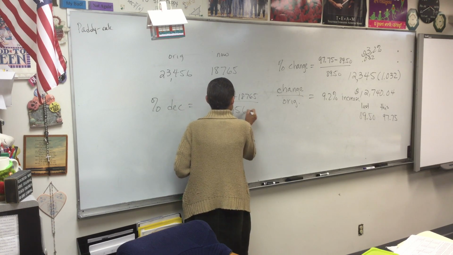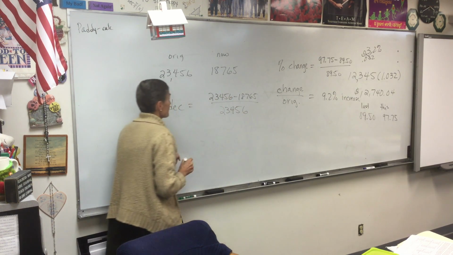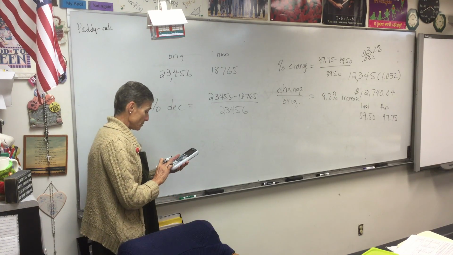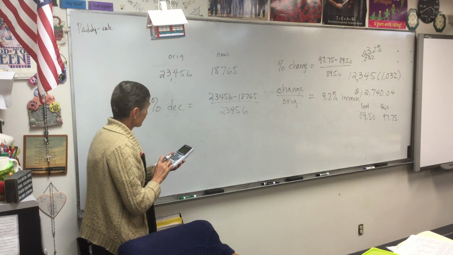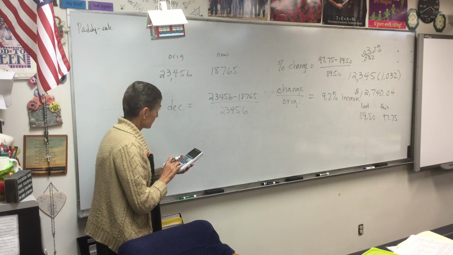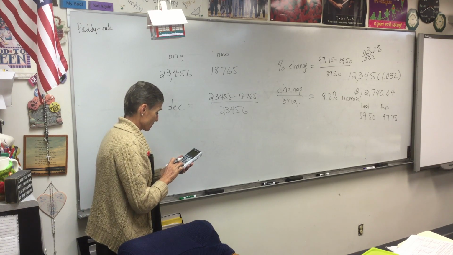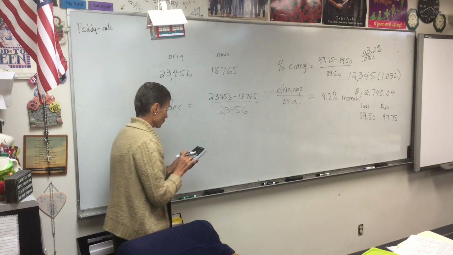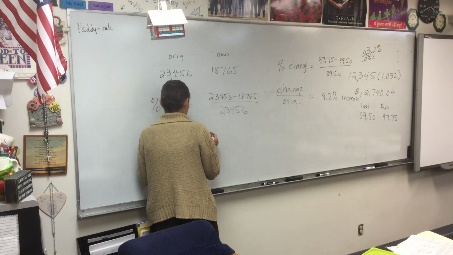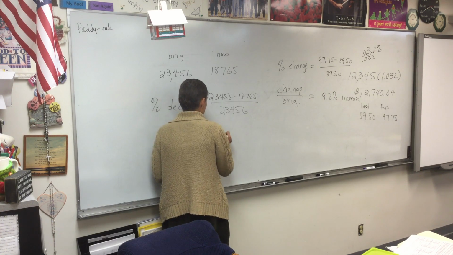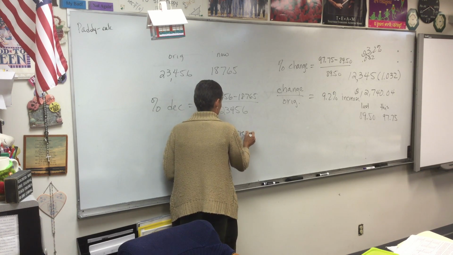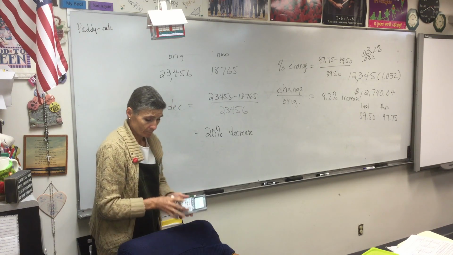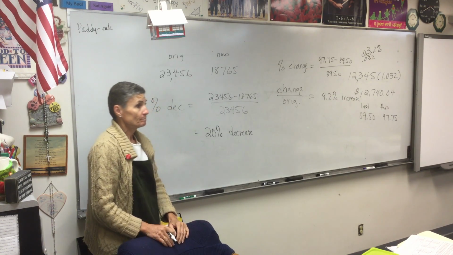Always divide by the original. Try to give you numbers that are easy to type in. I got just about a 20% decrease. Anybody match that? Yeah.